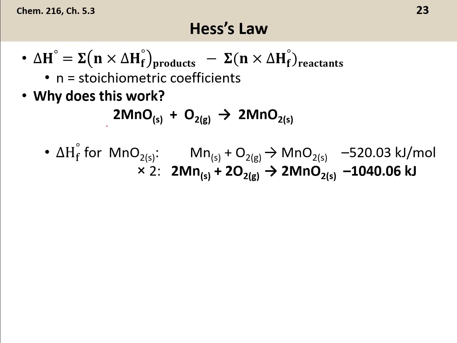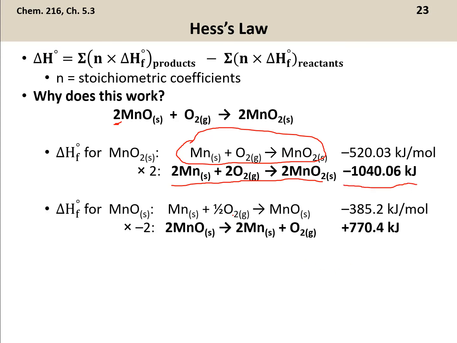Because, remember, delta HF for MnO2 is based on this equation here. I take MnO2, I make it from manganese and from O2. I have its delta H. If I were to do this times 2, I would get this equation right here, and it would be negative 1040.06 kilojoules.